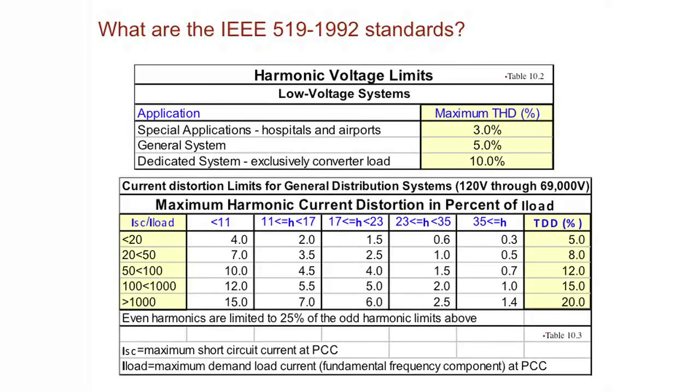And if we go down here, we see this guy, ISC versus load. Well, what is ISC? ISC is the short circuit capability of your transformer. So what does that mean?